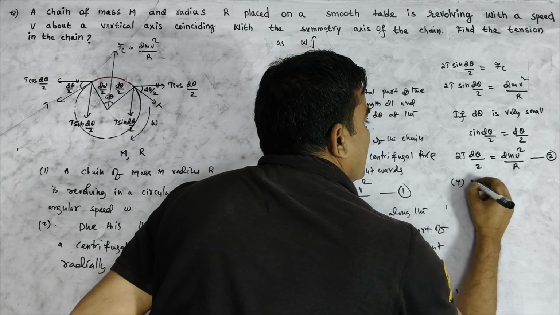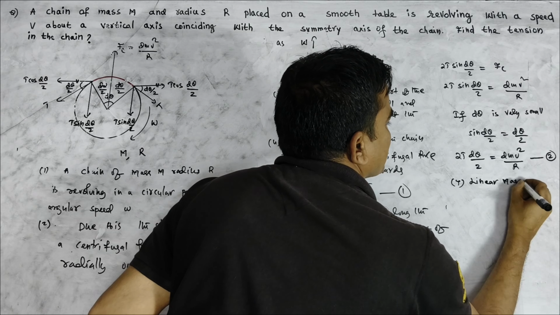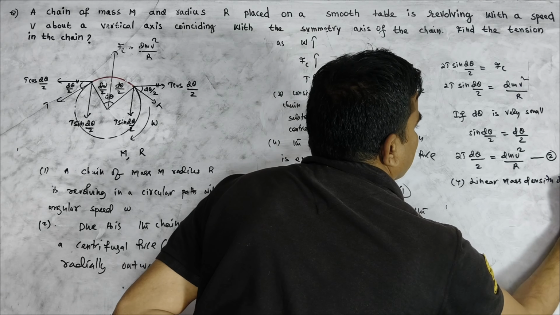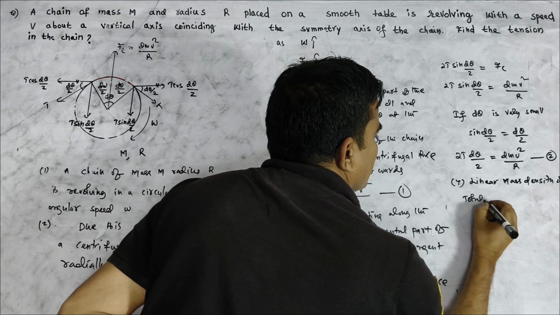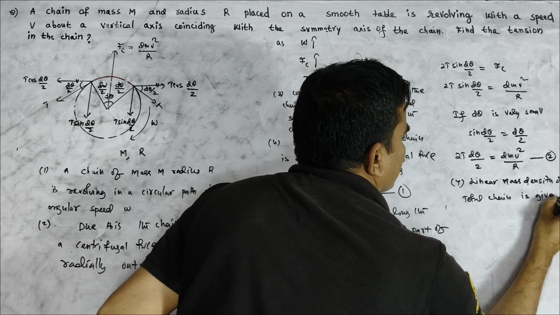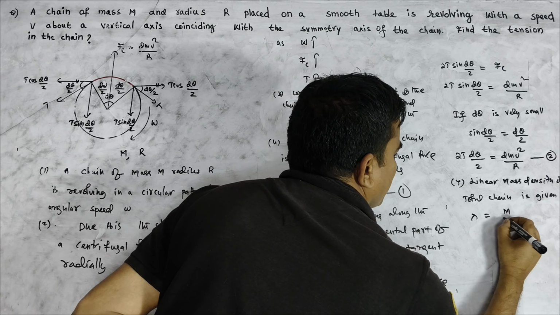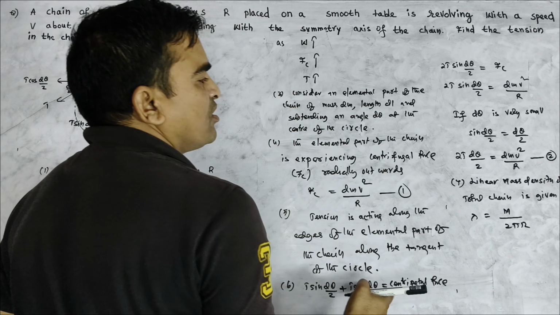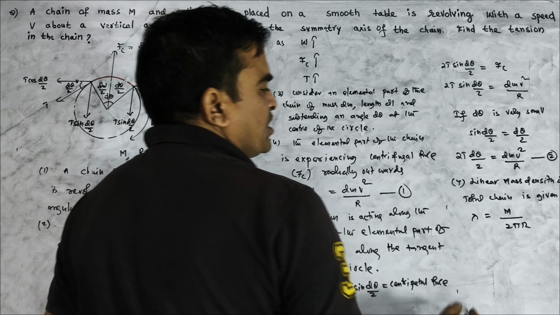Linear mass density of the total chain is given by lambda is equal to m by 2 pi r. Here lambda is called linear mass density, m is the mass of the total chain, and 2 pi r is the length of the total chain.